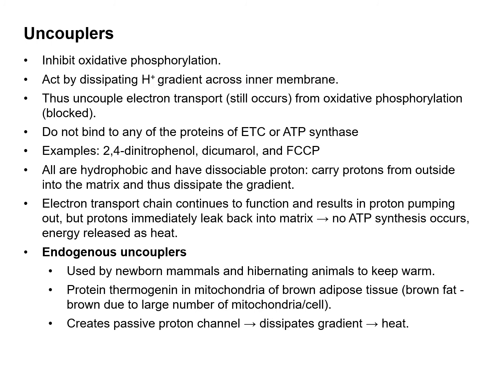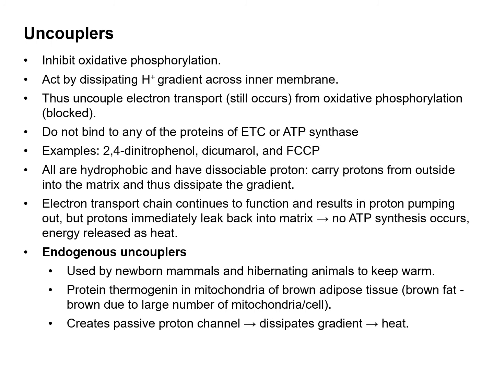Thus, they uncouple electron transport from oxidative phosphorylation. And in here, the electron transport still occurs. So the electrons still go through the electron transport chain, but the oxidative phosphorylation, which is the ATP synthesis, is going to be blocked.